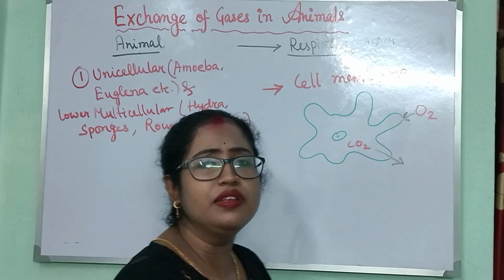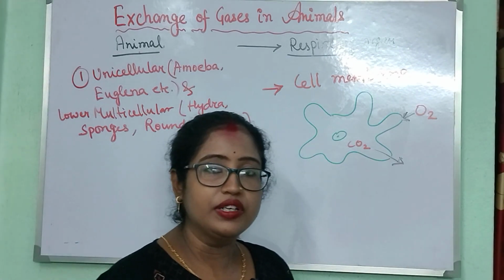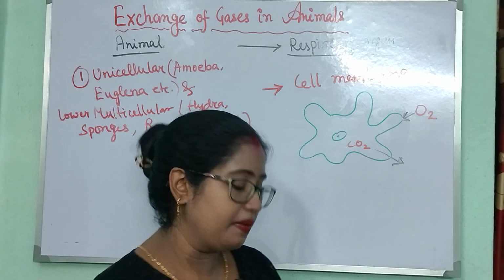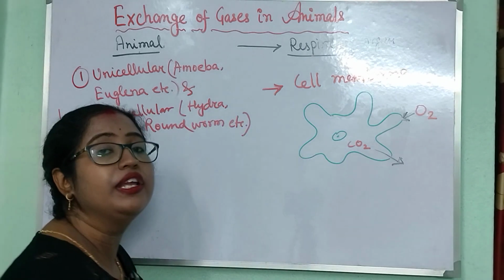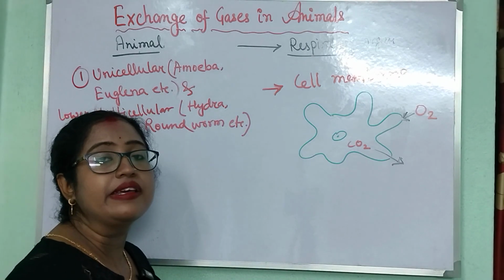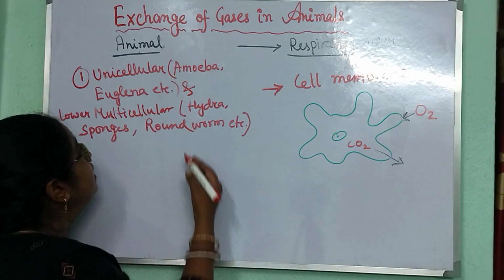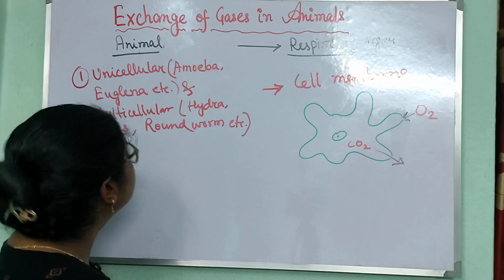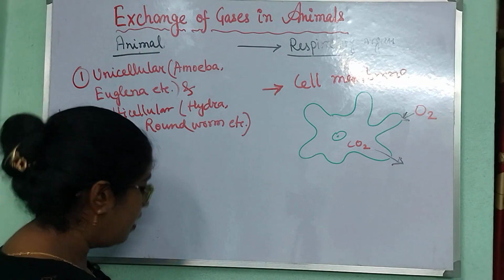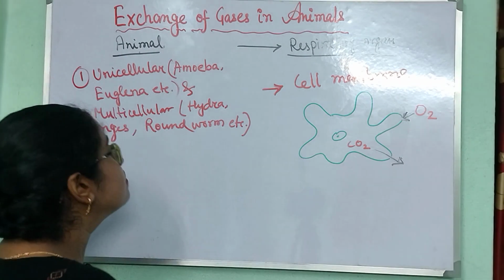So this is a simple diffusion process that occurs in unicellular cells like amoeba, euglena, paramecium.